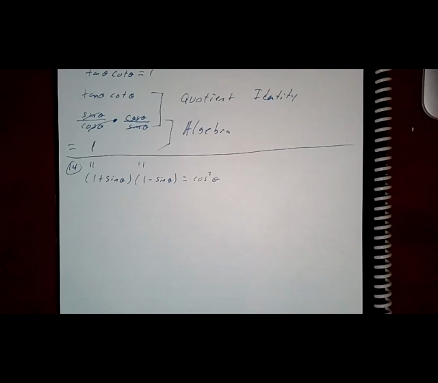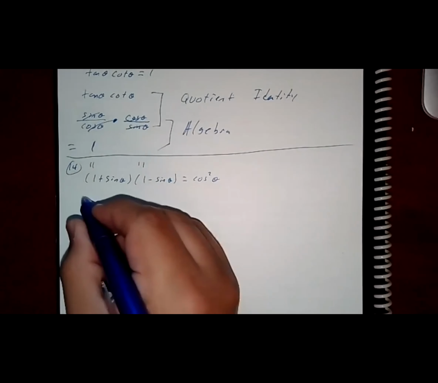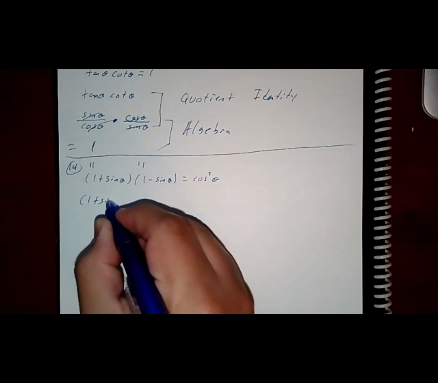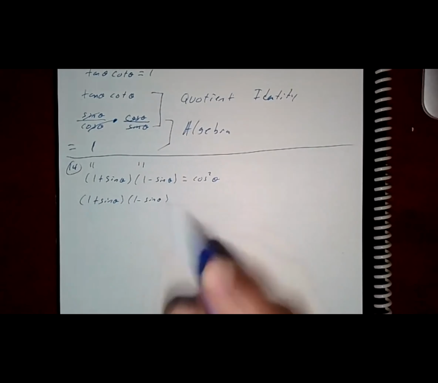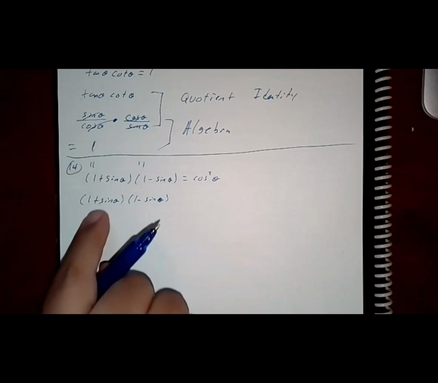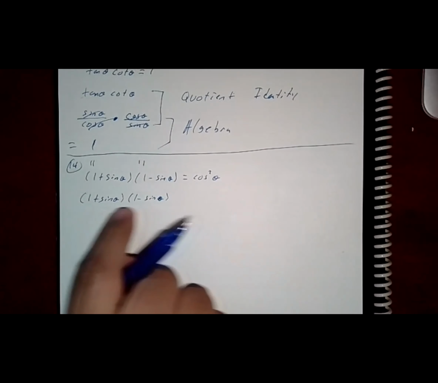When you do these on your own, you have to decide what side to start with. Usually you want to pick the most complicated part. But in this question, they told you to start with the left. Do you see that this is a difference of squares, the conjugate pair?